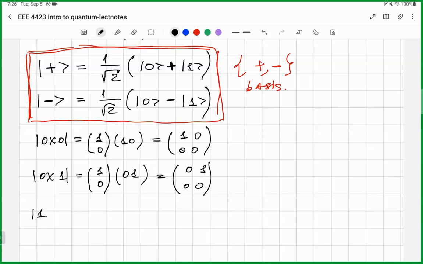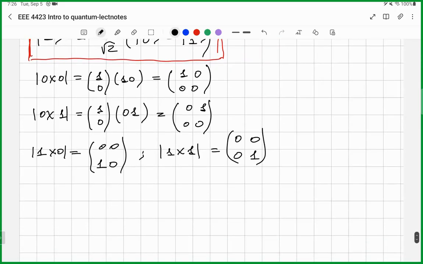Next one is 1, 0. It's given by 0, 0, 1, 0. And finally, for the last one, the outer product 1, 1 is equal to 0, 0, 0, 1.